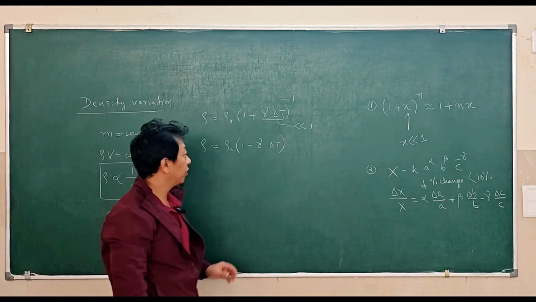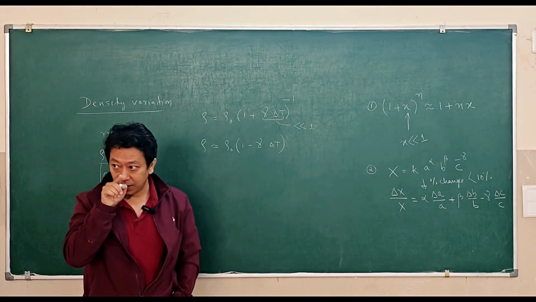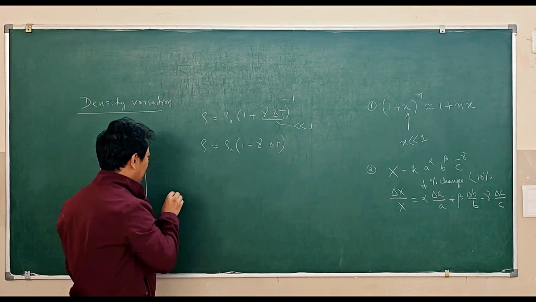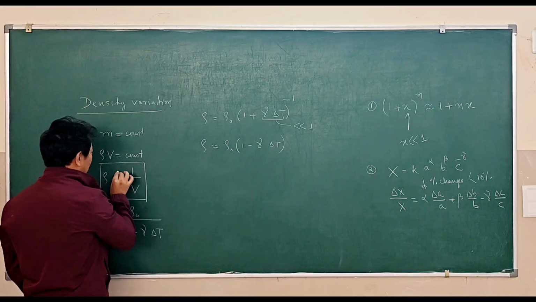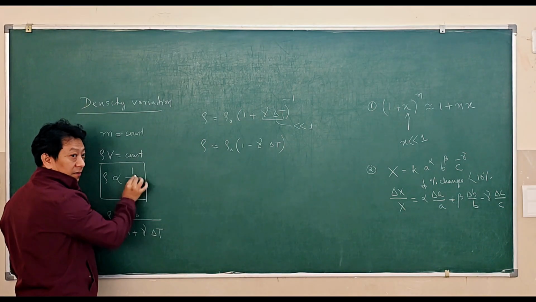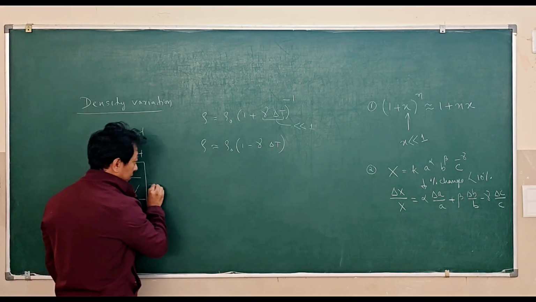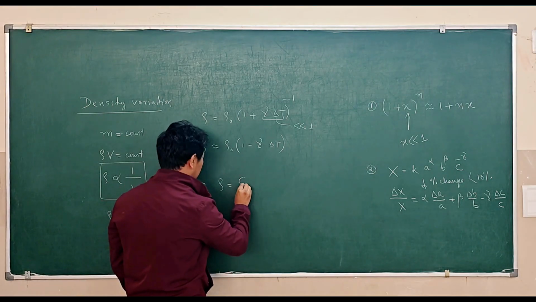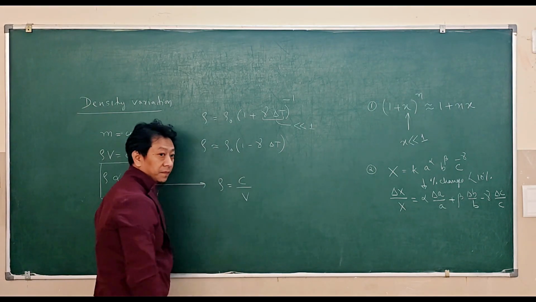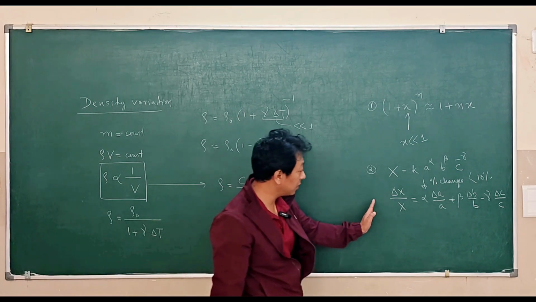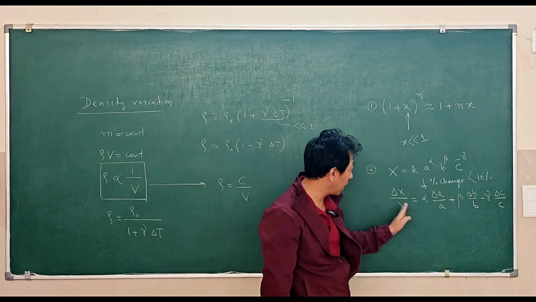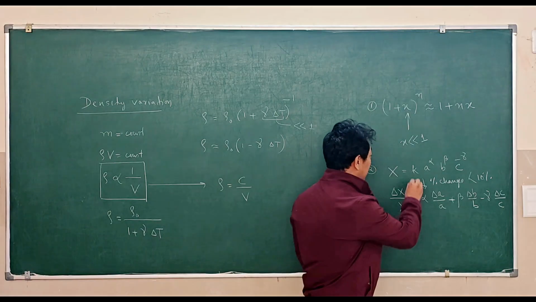Sir, can't we write for density also that delta rho by rho formula which I wrote? We can, see here. Because I know density will be some constant divided by V. By the way, when I write fractional change in x, why did this constant k not come?